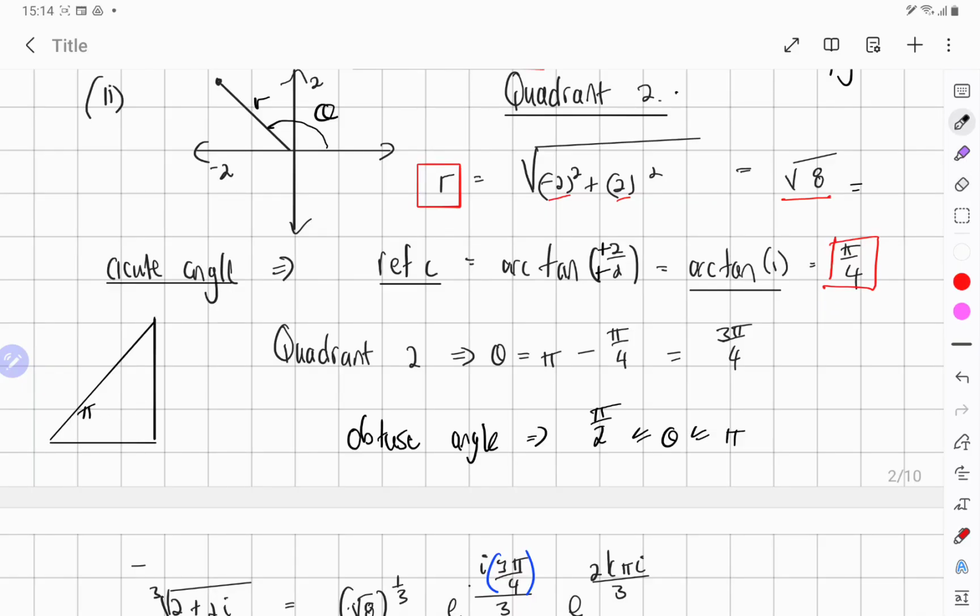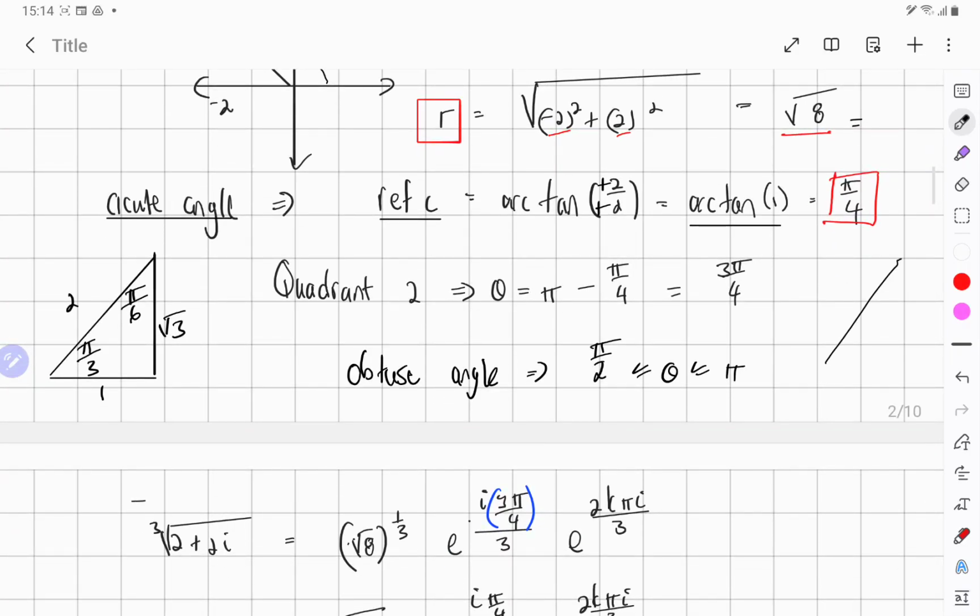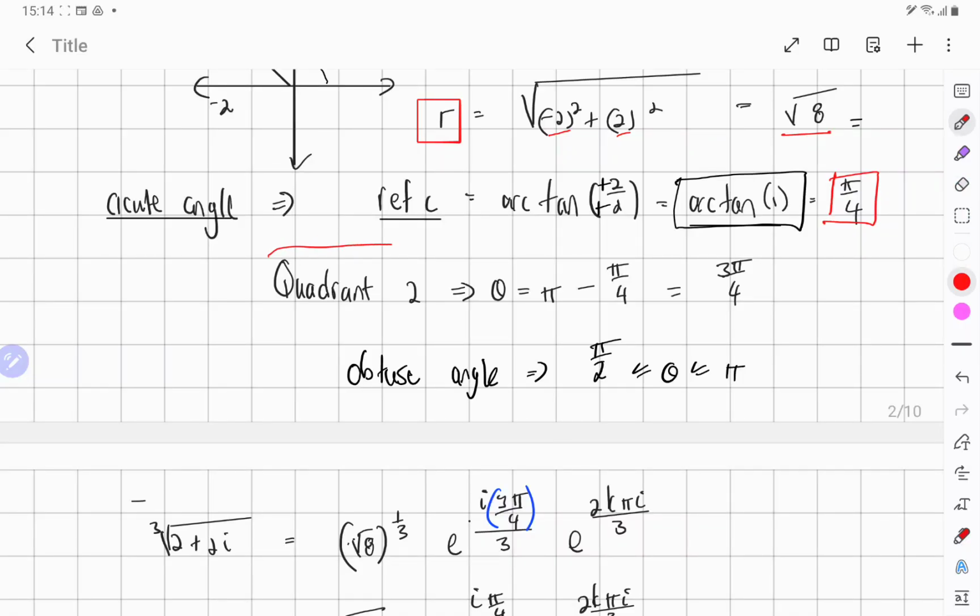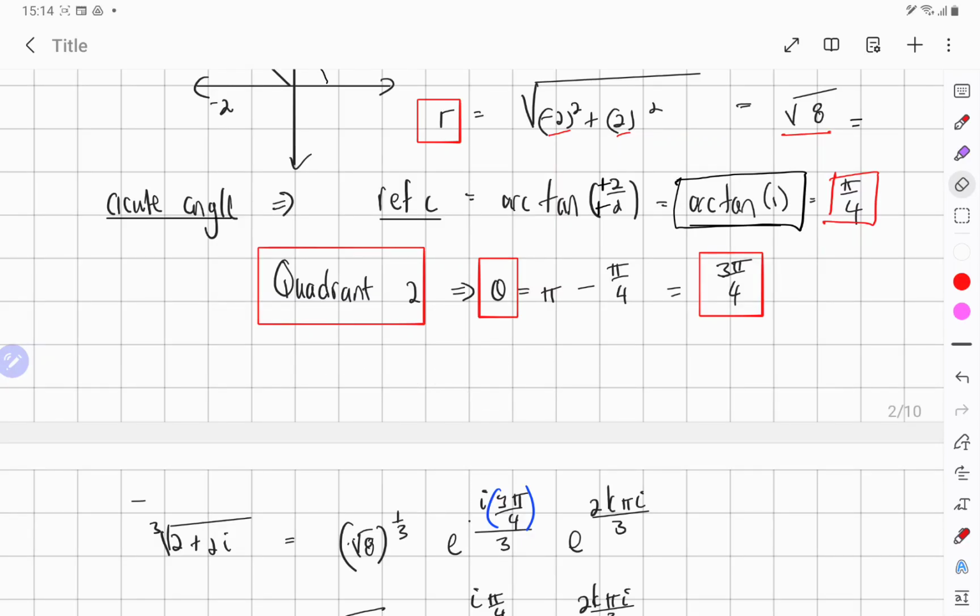I have 60 degrees here, 30 here, with sides 1, 2, root 3, and then I have my 45 degree triangle, 45, 1, 1, root 2. Hence arctan of 1 is pi over 4. By now you should know your special angles off by heart. But remember, we are working in quadrant 2. Hence for our theta we will have pi minus pi over 4, which is 3 pi over 4, our obtuse angle.